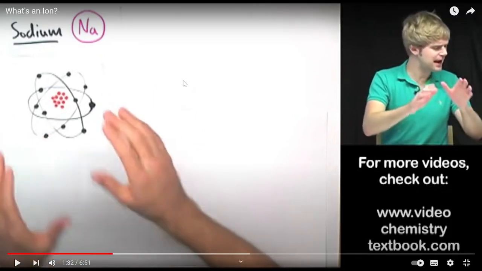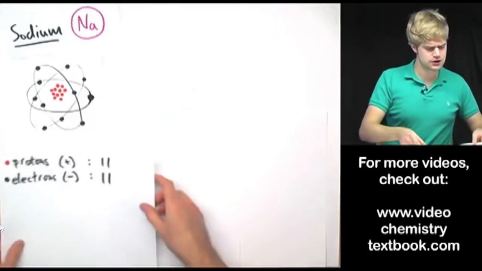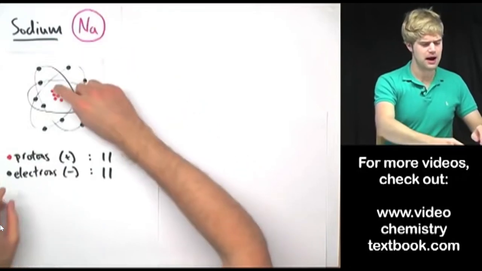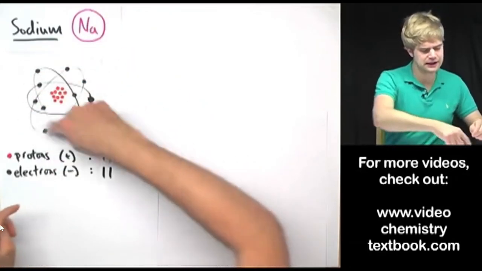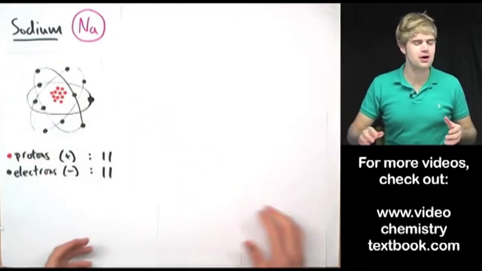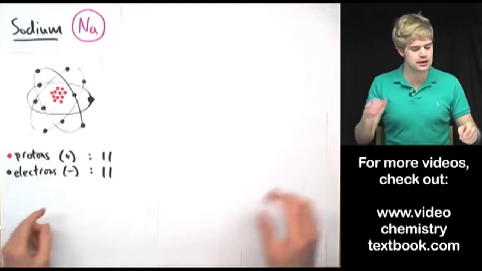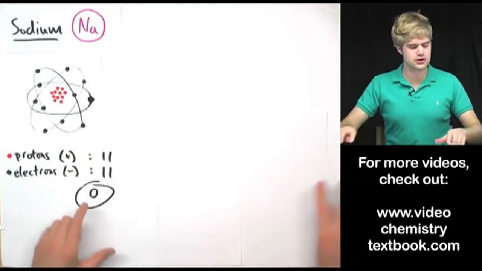Why was it okay that we leave out the neutrons when we're talking about the charge of an atom? Because they don't have a charge. Anyway, right now sodium has, if we counted them, 11 protons here in the nucleus and it has 11 electrons flying around outside. So the number of protons equals the number of electrons, which means that my total net charge is 0.